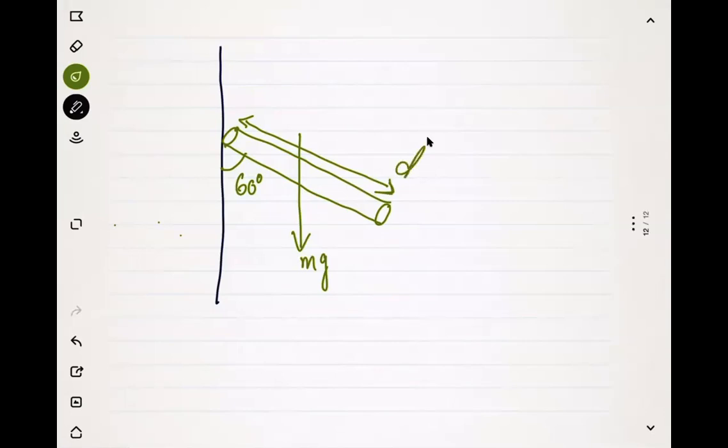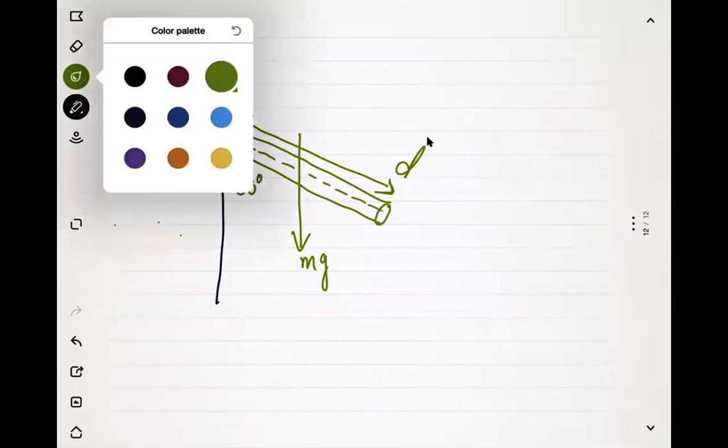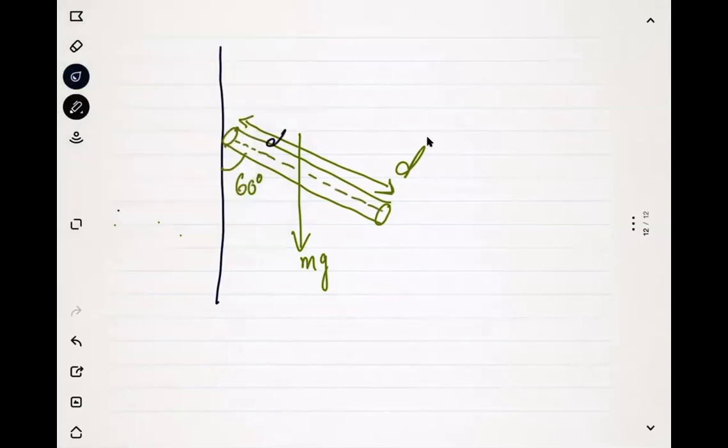Now, weight can resolve into its components, and then we can calculate the moment for the components. The sum of moments of components of a force is equal to the moment of the force. So if we resolve the weight, because the weight is not perpendicular to the given distance, if we divide the distance into two parts, the first part is d by 2 and the second part is also d by 2.